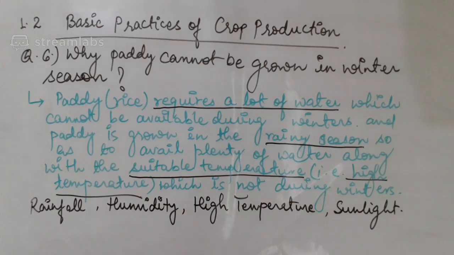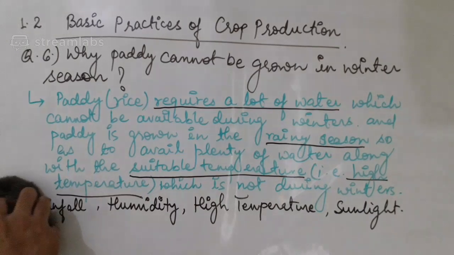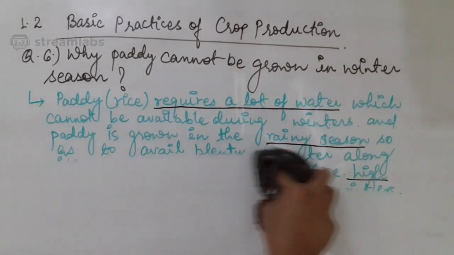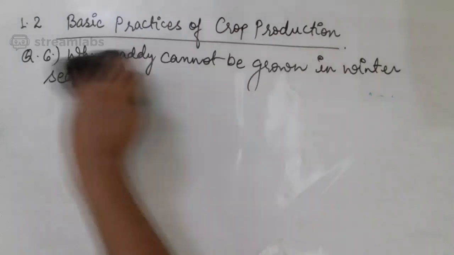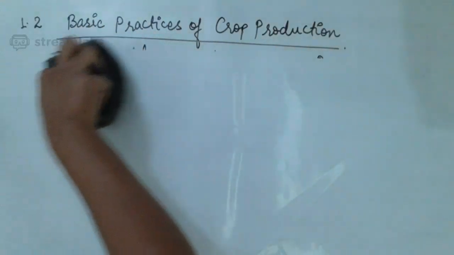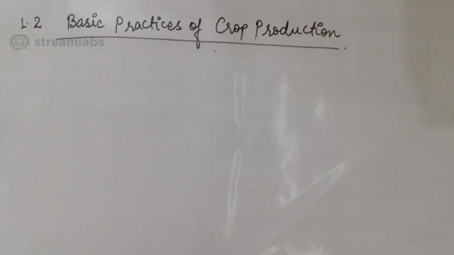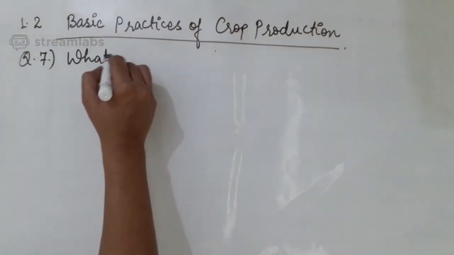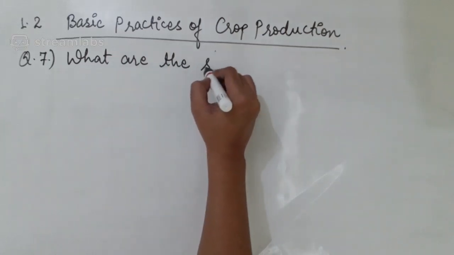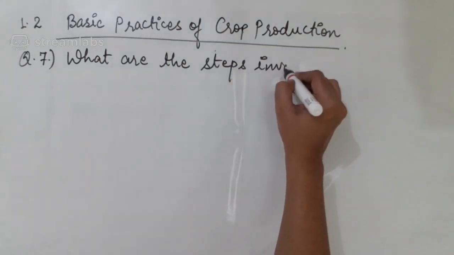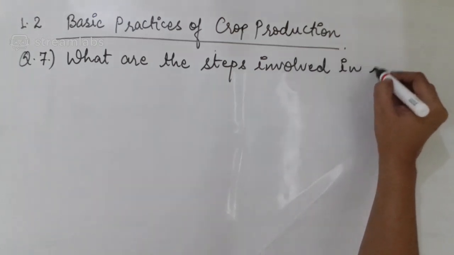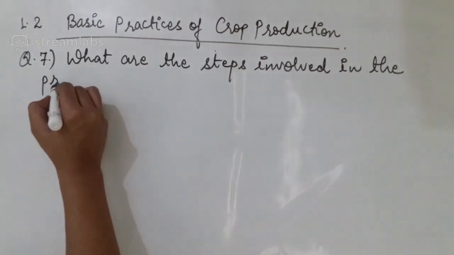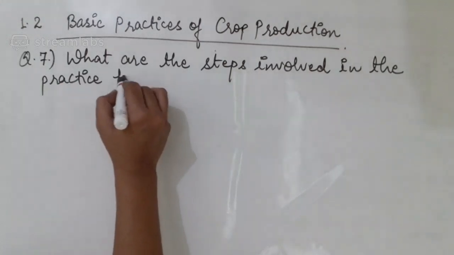Now the question for the agricultural practices, Article 1.2 further goes like, what are the steps involved in the practice for growing crops?